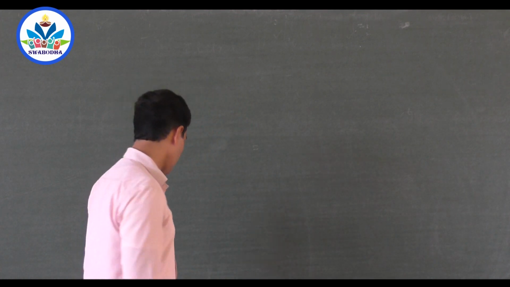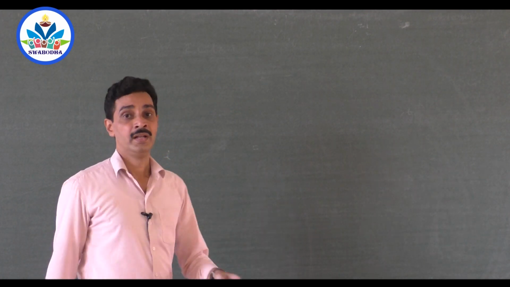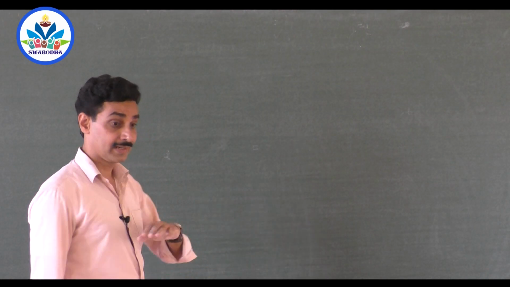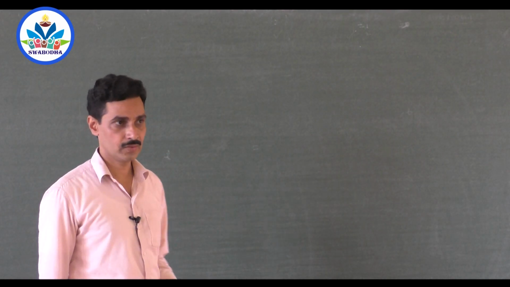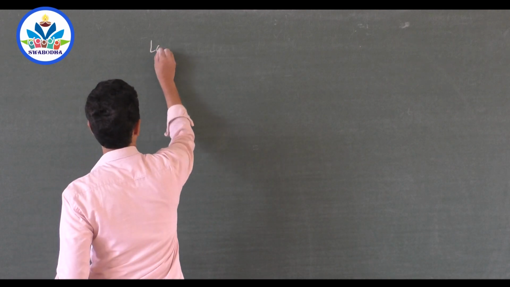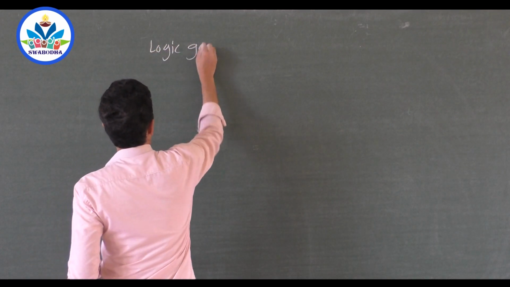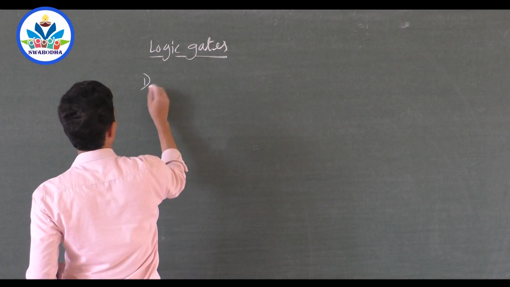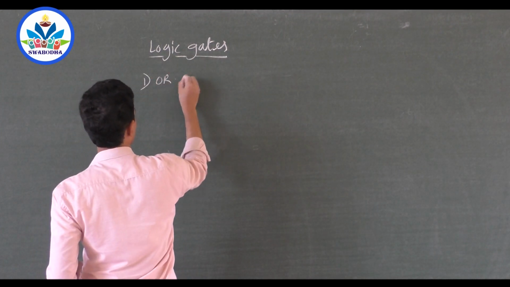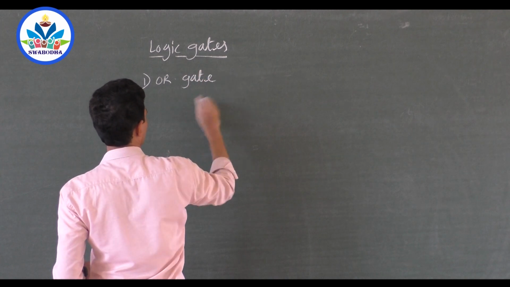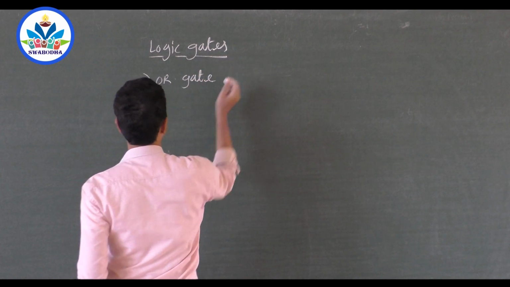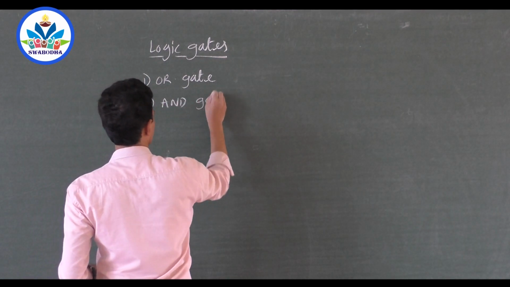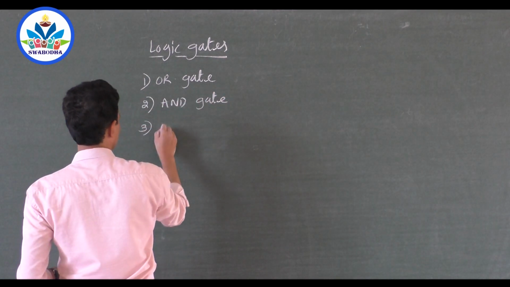What are the main logical operations that we have seen? We have seen three types of logical operations, and they are realized using certain electronic circuits, and that's why they are called logic gates. One is the OR operation, the OR gate, represented by plus, and the AND operation, the AND gate, and the third one is the NOT gate.